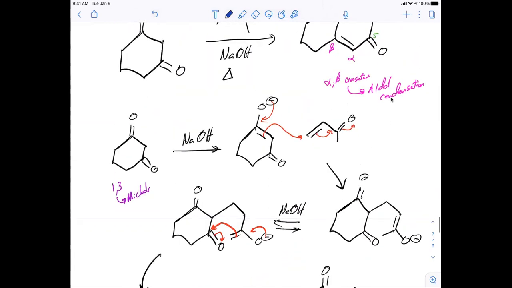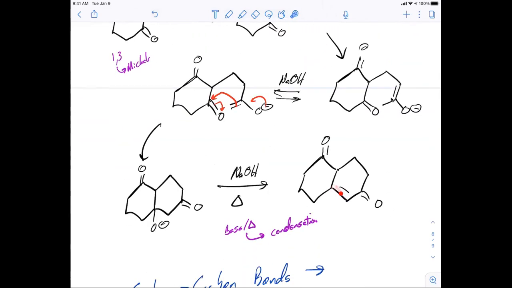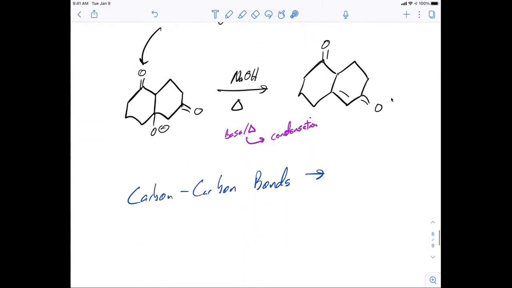Well, I'm making one here, and I'm making one here. So I'm making 2 carbon-carbon bonds. And I'm doing what? I'm making a cyclic, specifically a 6-membered ring.